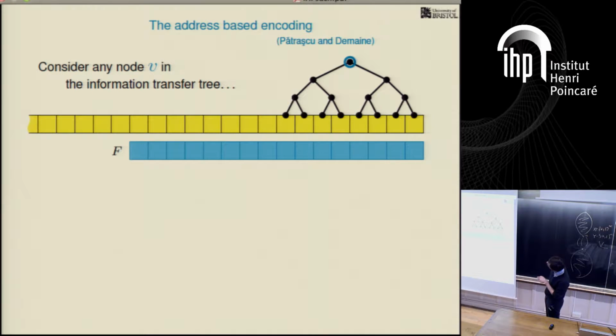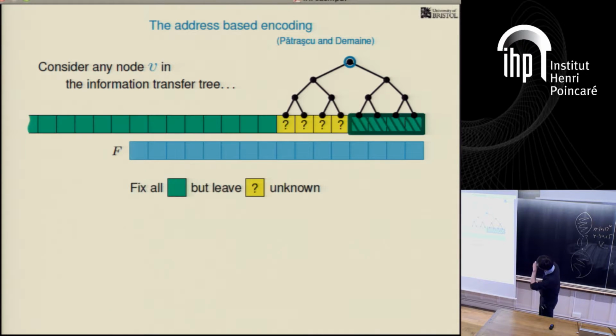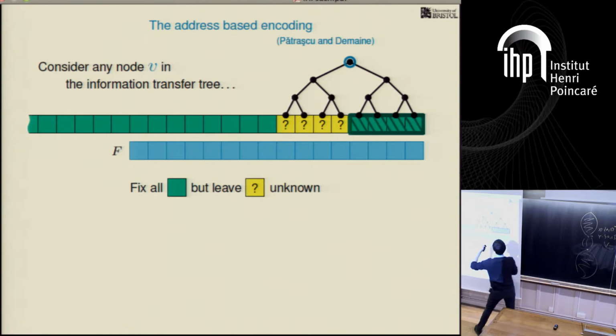So if you consider some node in the information transfer tree, I've just drawn part of the tree here. I've now reintroduced the fixed string f. So there's some fixed string f, there's some distribution over the stream. If you imagine taking this distribution and then fixing arbitrarily all of these things in the stream and all of these things in the stream, these things are now random and unknown according to the original distribution.